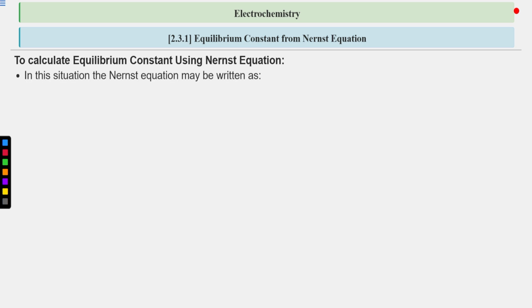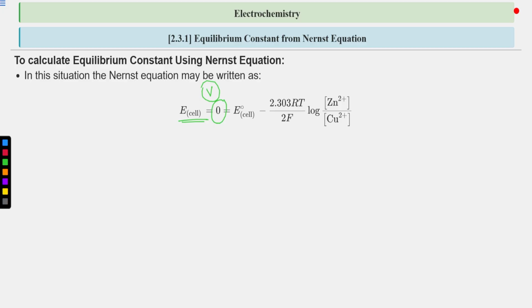Now in this equilibrium situation, how can you write the Nernst equation? It can be written as E of cell equals 0. The EMF is 0 because the voltmeter is giving 0 volt reading, right? So the cell potential becomes 0, and 0 equals E naught of cell minus 2.303 RT by nF log zinc 2 plus upon copper 2 plus.